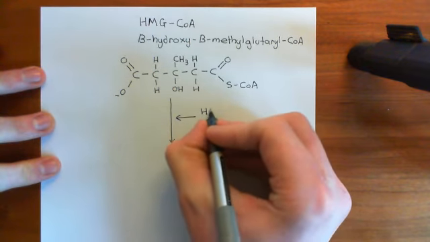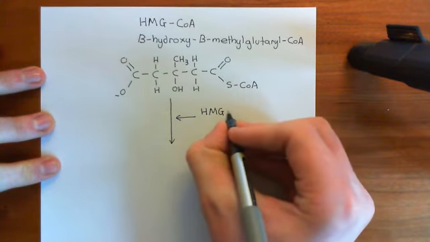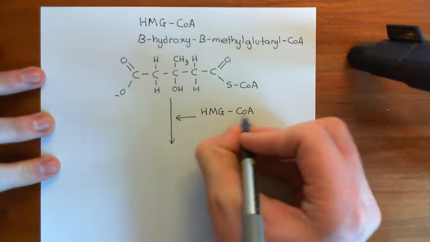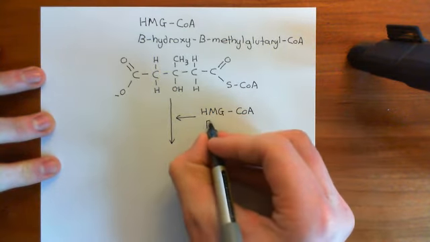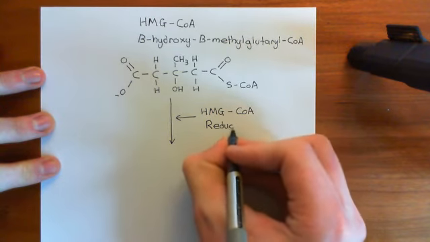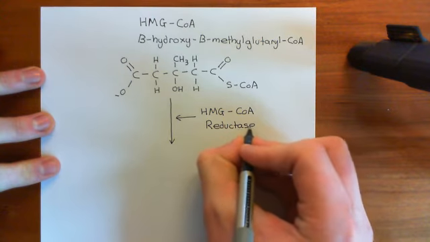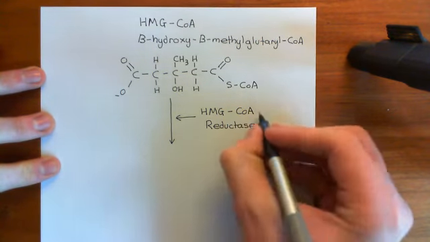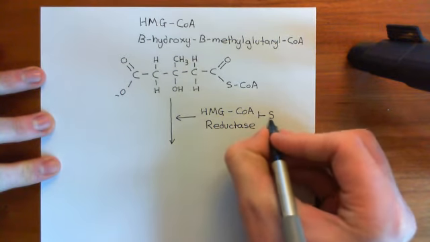So this next reaction is catalyzed by the enzyme HMG, so beta-hydroxy beta-methyl glutaryl CoA, and then it's HMG-CoA reductase. Okay, right. So basically, this enzyme is blocked by the statins.